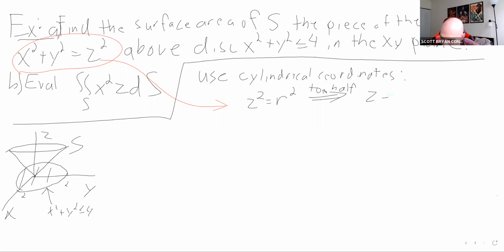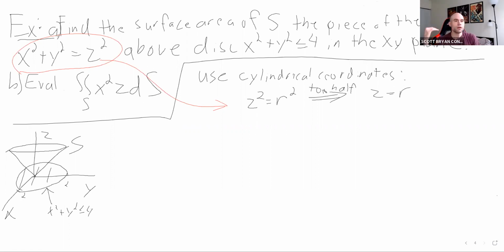Or we could, in fact, it doesn't really matter, we could just say r is equal to z. We can replace either one. It really does not matter in this case. You know what? No. Let's stick with z equals r. That's fine. Literally means the same thing.